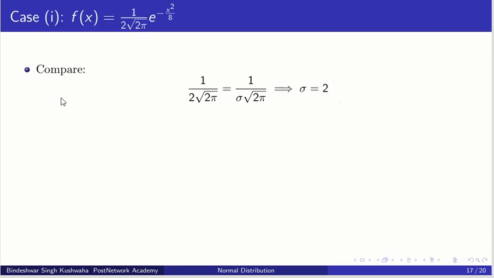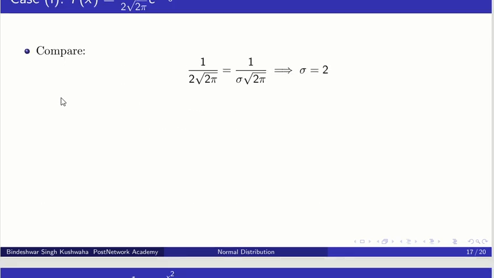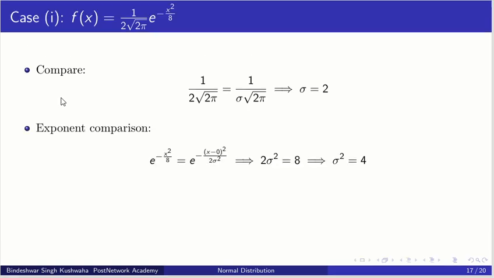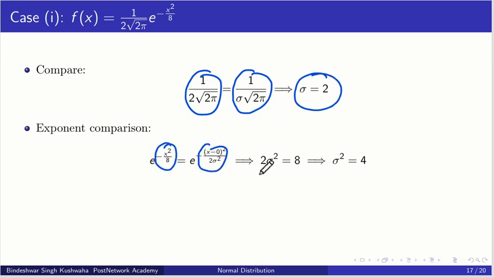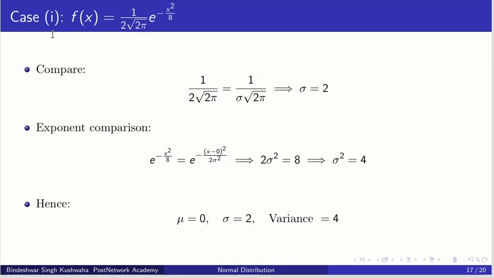If we compare, that portion is equal to this part, this means sigma is equal to 2, and if you compare this component, sigma square is equal to 4. There is no mu term, so mu is 0 and variance is equal to 4. From here you can get it.